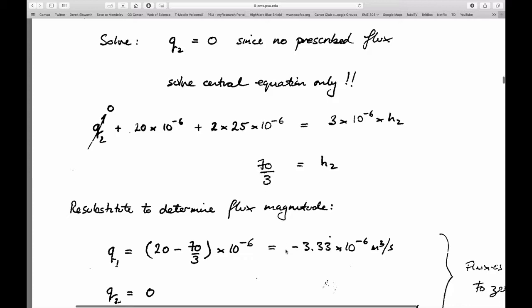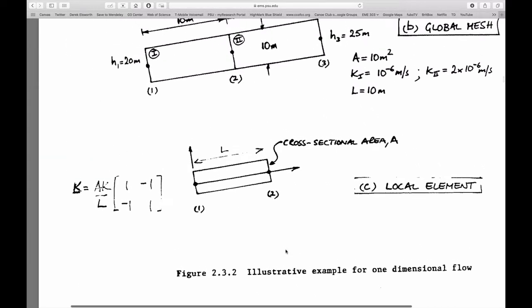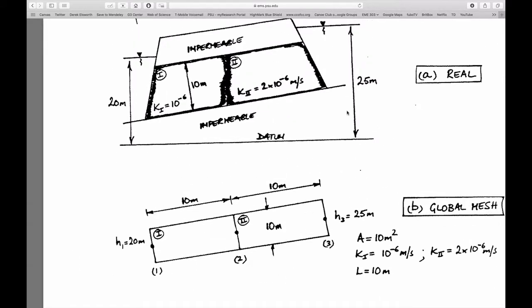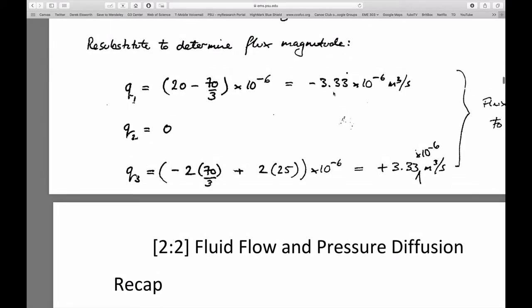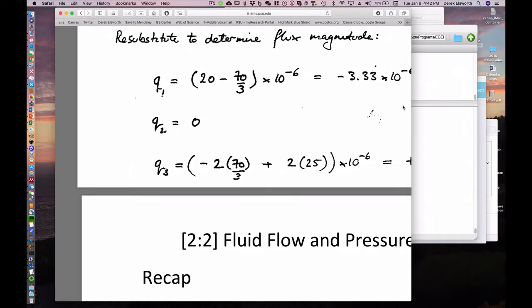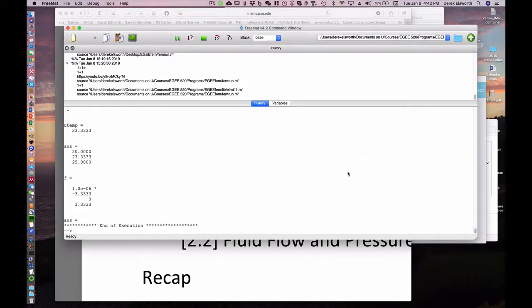And if you look at the flow rates from upstream into the system and downstream out of the system, they have to be the same if it's steady state. And those flow rates end up being 3.3 times 10 to the minus 6 meters cubed per second. Maybe you can't see this; your eyes might be better than mine.